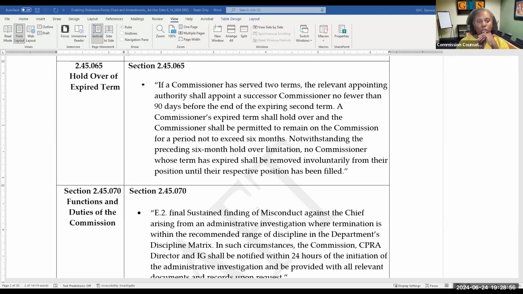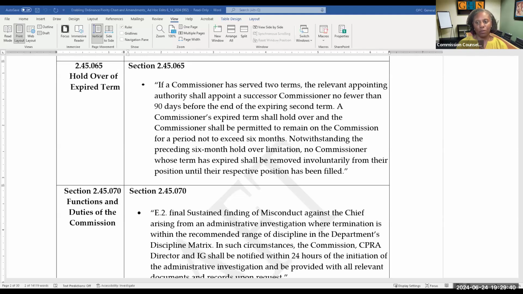And in our last discussion, the goal here was, obviously we can't force the selection panel or the mayor or the city council to actually make an appointment. But what I was hearing was that we wanted to have something in the enabling ordinances to motivate the selection panel, the city council, or the mayor to actually appoint someone before a commissioner's 2nd term expired.